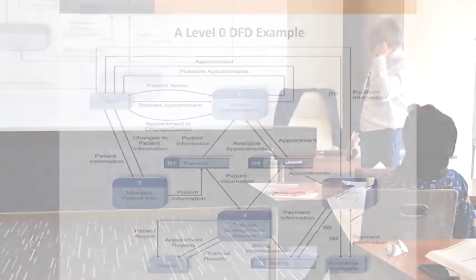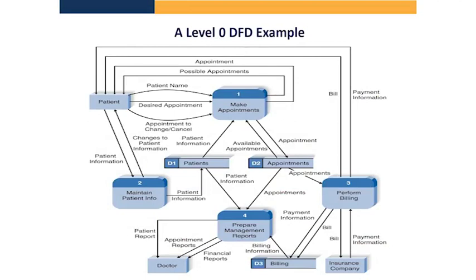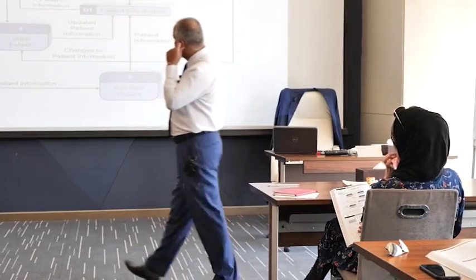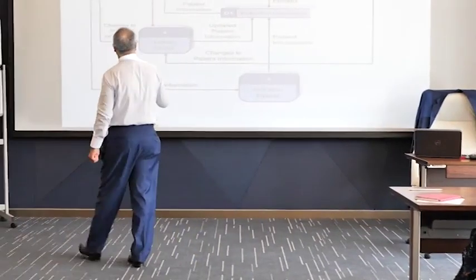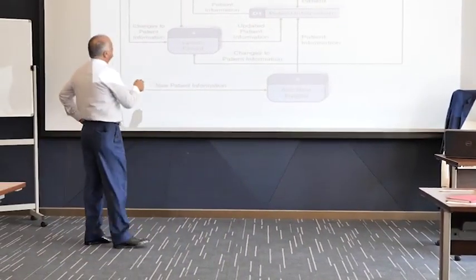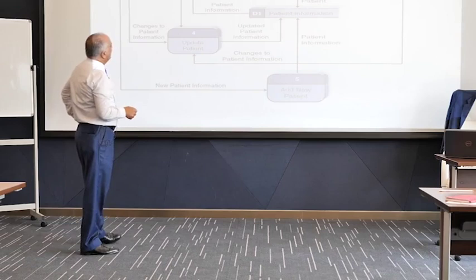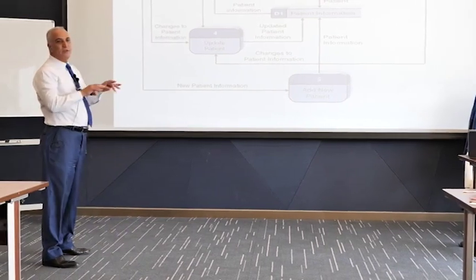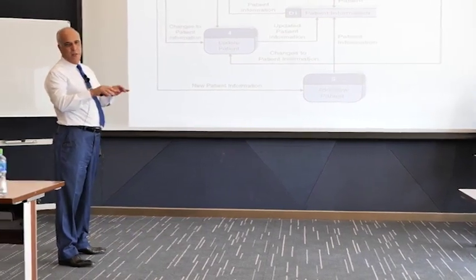What we have here, within the system, are the major processes. Let's look at them. One process says find a patient, meaning search for a patient. You search by telephone number or by name.